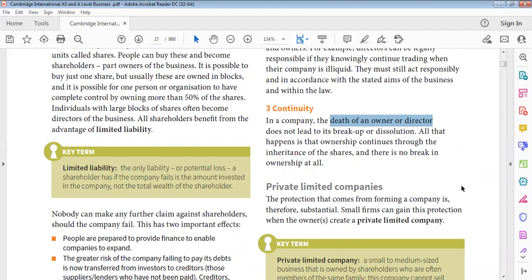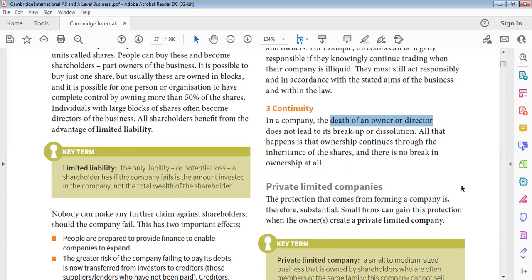But things are very different for sole traders, because in a sole trader or in a partnership, if one of the owners dies, there will be trouble. So if me and my friend opened a partnership business, and one of us, let's say he used to manage the customers, he was in customer relations, but he died, then we'll be in problem.